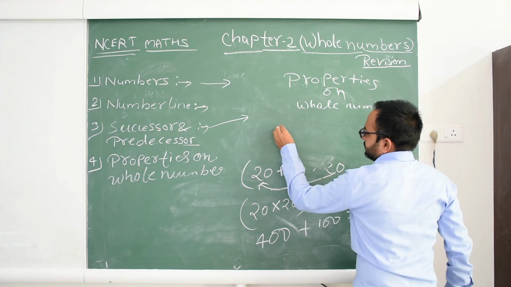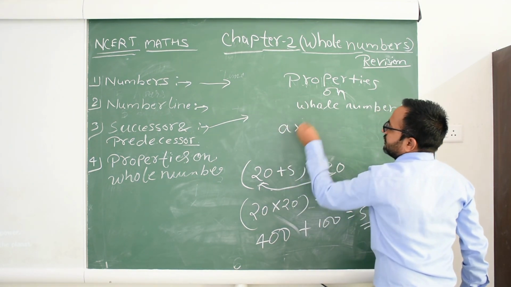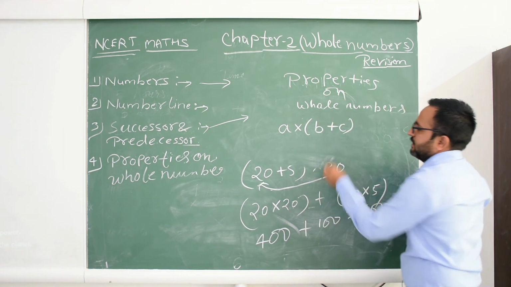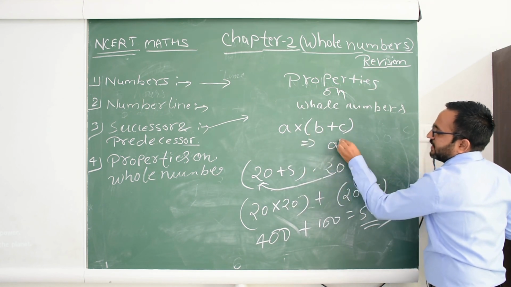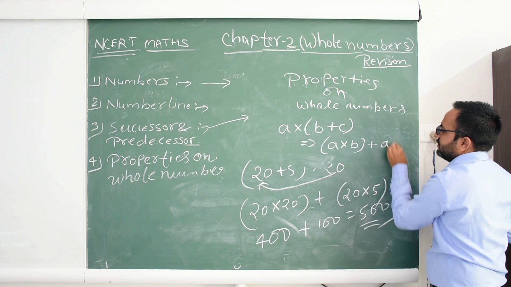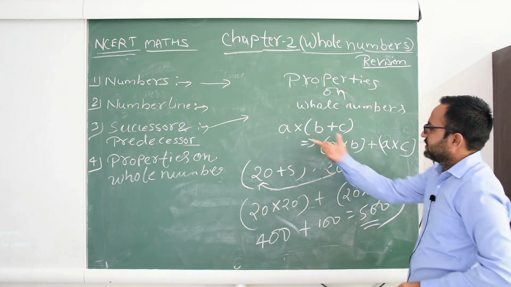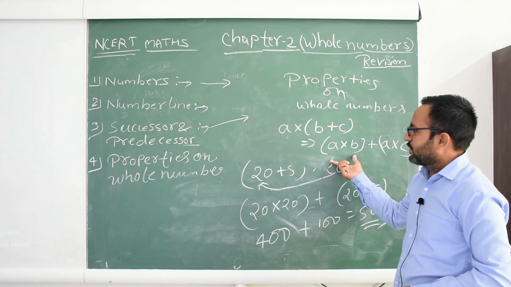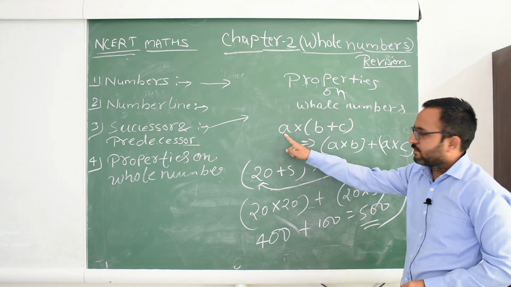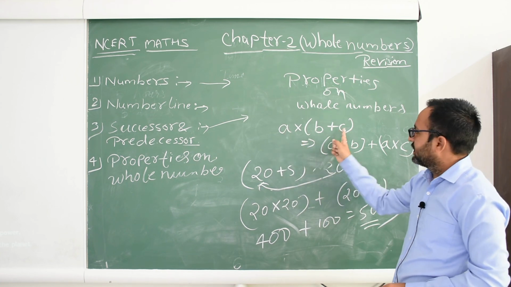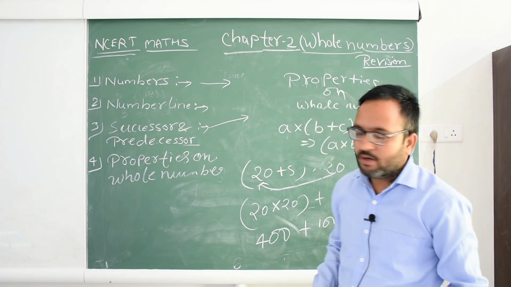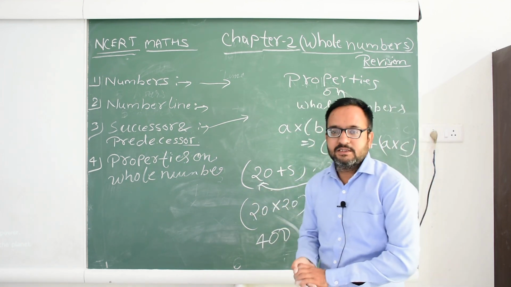A into B plus C equals, first we multiply A into B, now we put plus, and now A into C. So this is the statement of the distributive property. First we multiply A into B, and after that we multiply A into C. So this is the statement of the distributive property, and this is the last topic of this chapter.